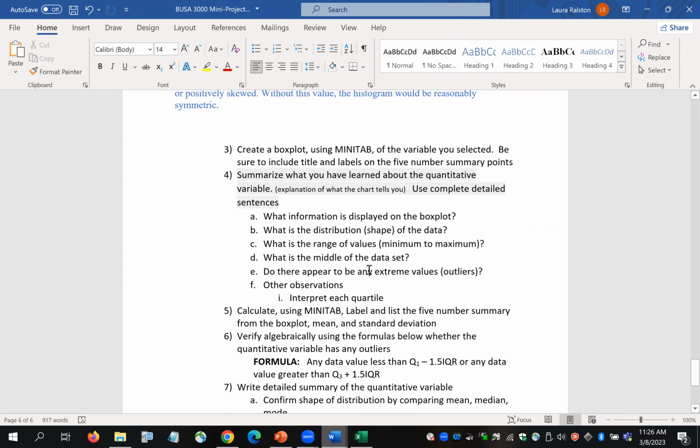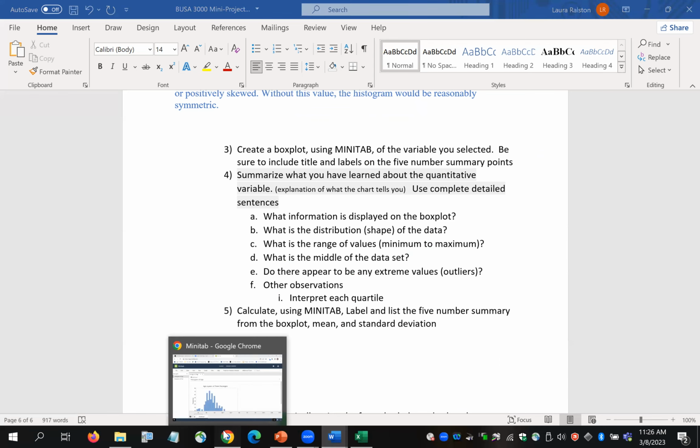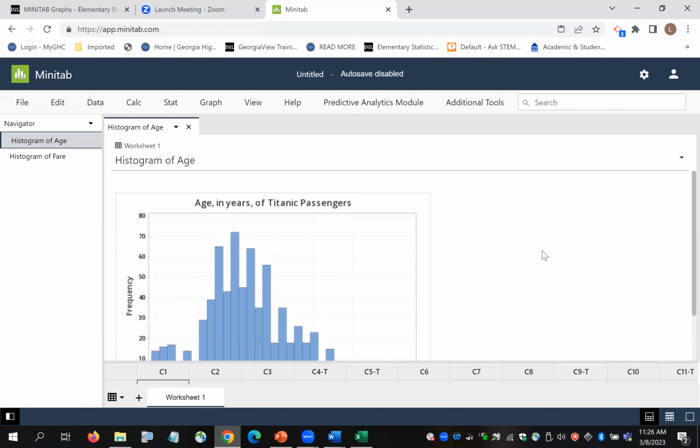But before we create the box plot, I want to skip down here to number 5. I'm going to skip to number 5 first because we need to be able to find this 5 number summary because we're going to need it when we're doing the summary. So I'm going to skip down and show you how to do the descriptive statistics first.